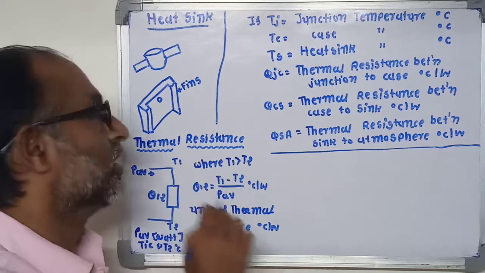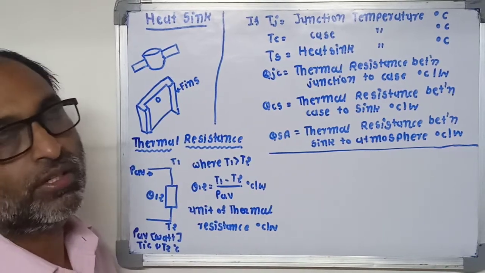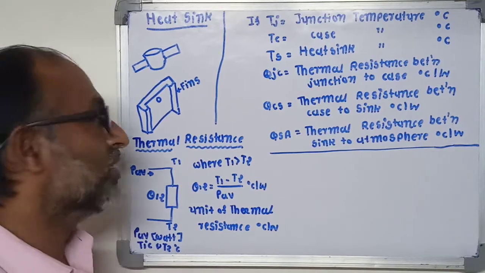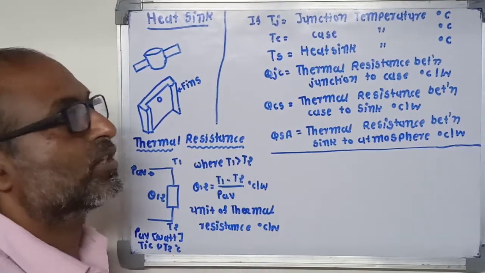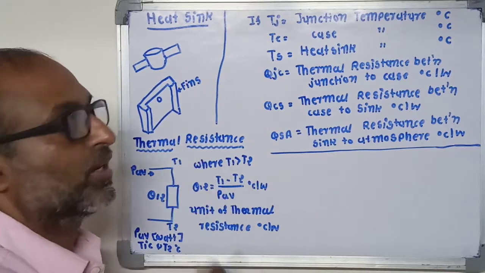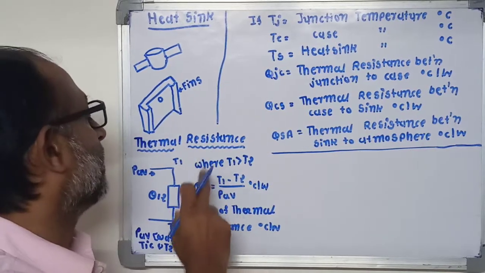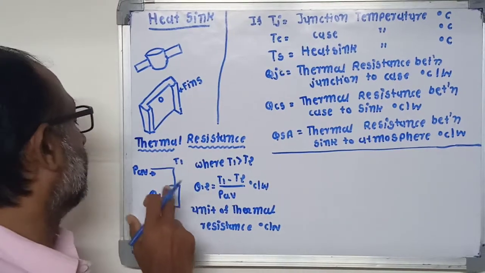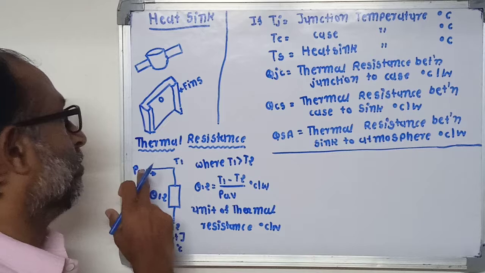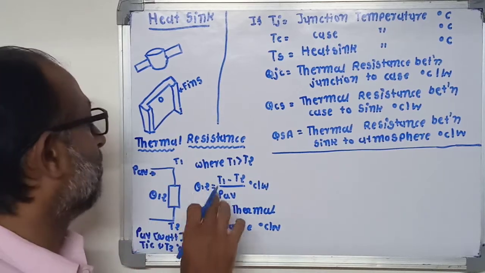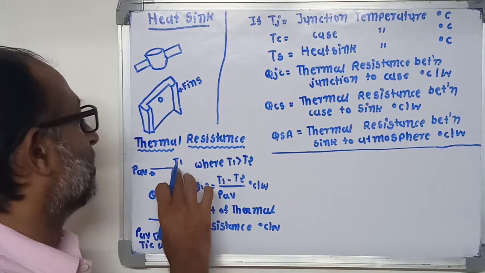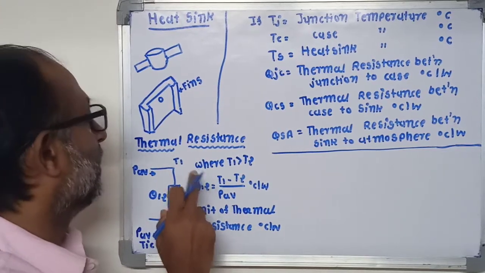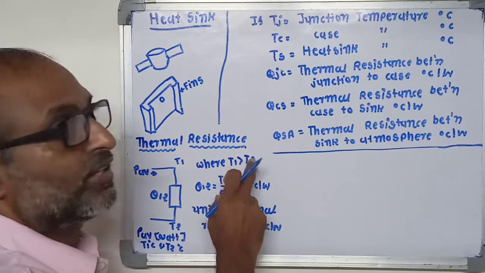Then next, thermal resistance. As we know, resistance opposes the flow of electric current. Similarly, thermal resistance opposes the thermal power flow, and this thermal resistance is denoted by theta. So the power loss P average in watt causes temperatures at 2 points, that means T1 and T2, where T1 is greater than T2.